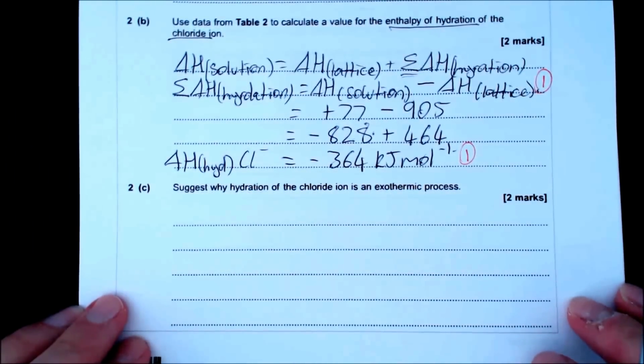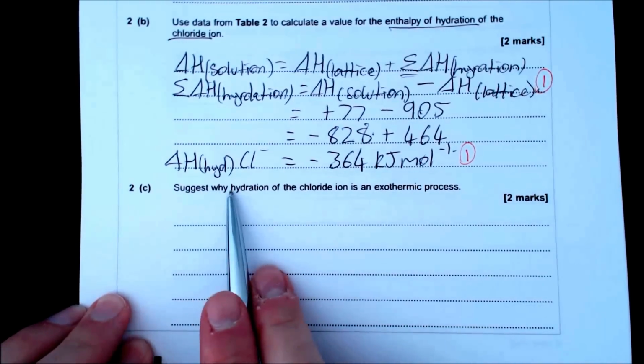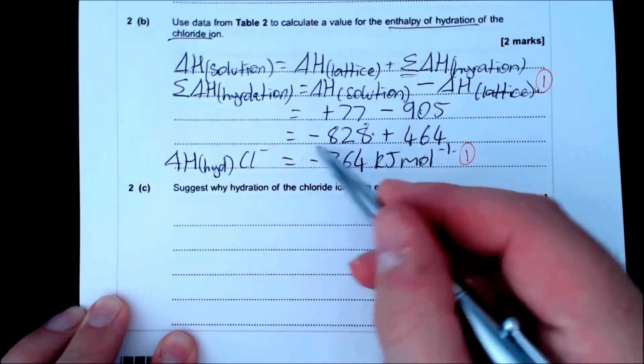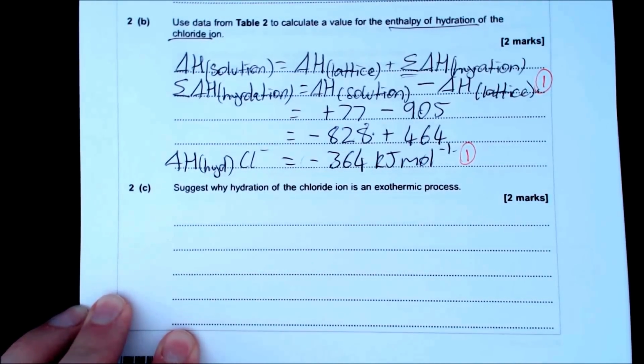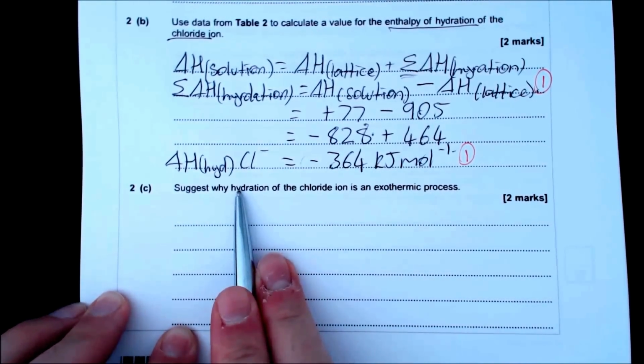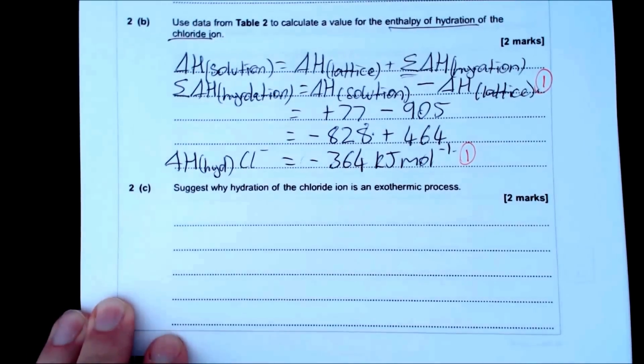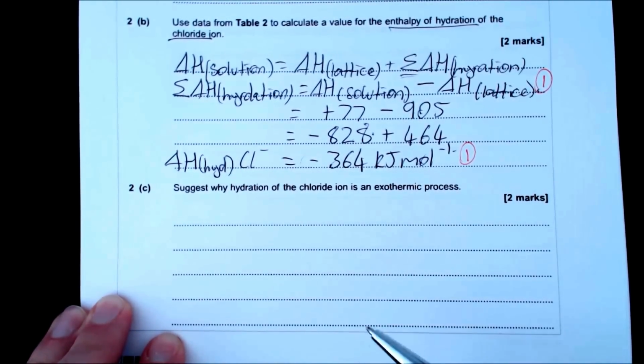Okay, so next question. So this is 2C, and it says suggest why hydration of the chloride ion is an exothermic process. So you can see this number was negative, and when we're dissolving it in water, water is actually a polar molecule, so that means it has delta positives and delta negatives. So the oxygen will be delta negative, and the hydrogen will be delta positive.